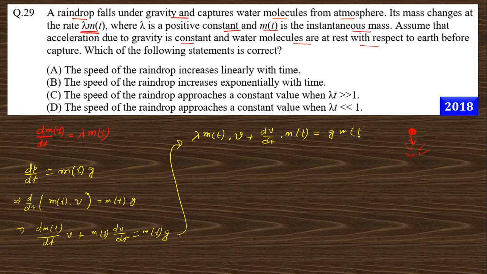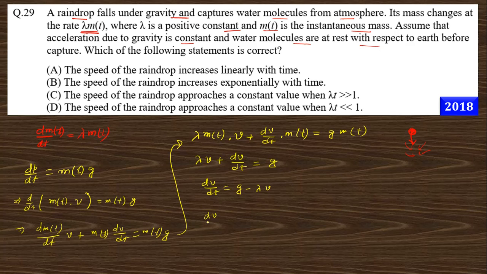If we cancel out m(t), we get lambda v plus dv/dt equals g. So dv/dt is equal to g minus lambda v.